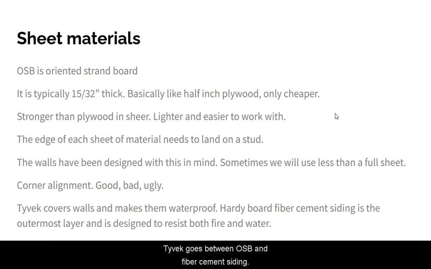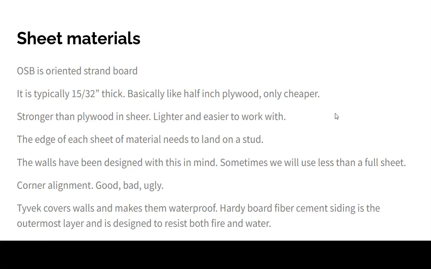Okay, Tyvek covers your walls. It's what makes them waterproof. Tyvek is a synthetic plastic sheet type material. It's white, and it says Tyvek on it in big letters. When you're putting Tyvek on, you don't want to go crazy with your staple gun. I would say 18 inches is about the right distance between staples.